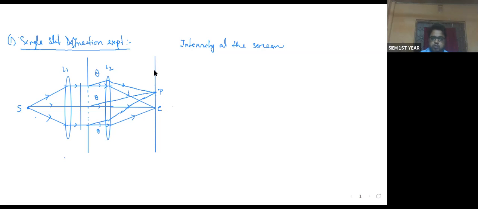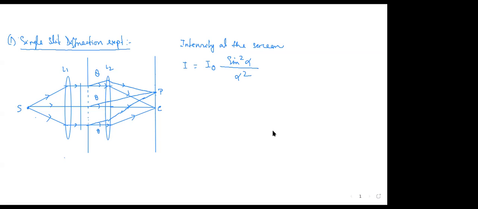Intensity at any point on the screen is I equals I0 sin square alpha divided by alpha square. Sin square alpha by alpha square. So alpha is the angle of diffraction.